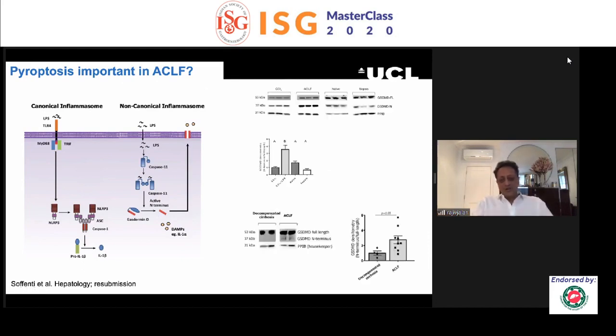And he went on to show that in patients with ACLF, there's a very significantly increased amount. These are patients with liver disease, with high amounts of gasdermin D in the liver, which suggests that these non-apoptotic forms of cell death are also activated here.